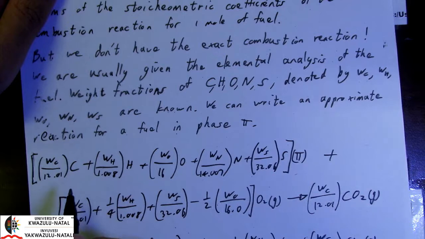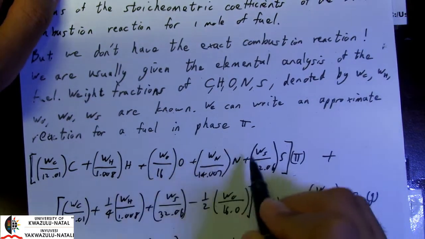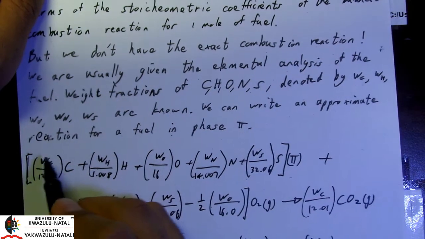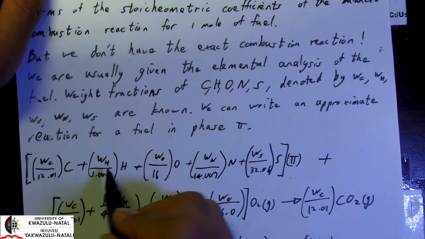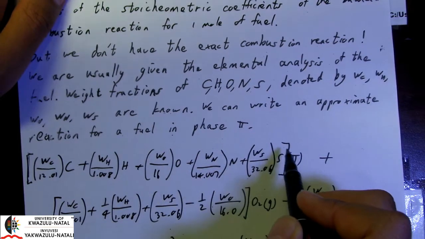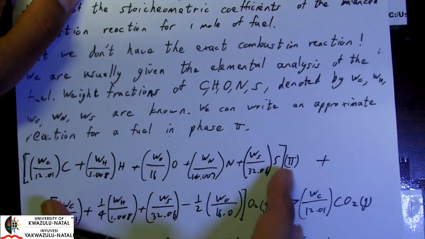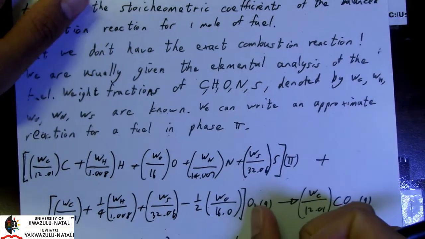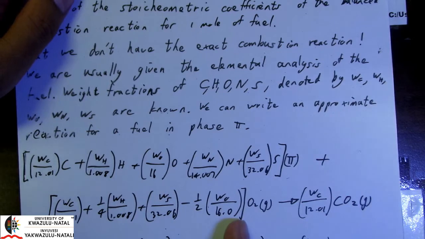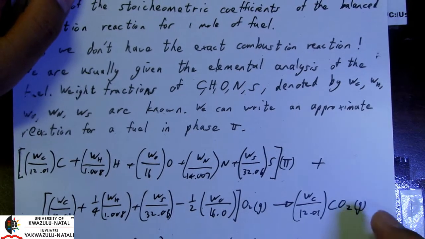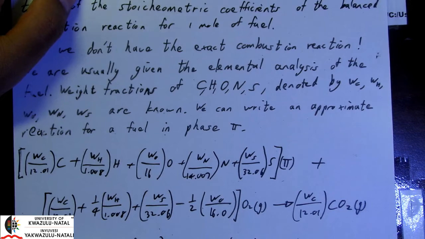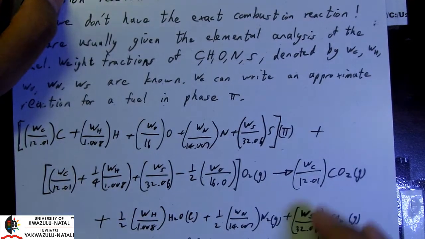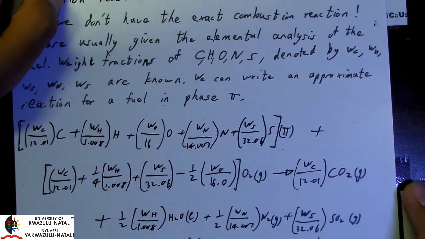For any fuel containing carbon, hydrogen, oxygen, nitrogen, and sulfur, if we measure our weight fractions from our ultimate analysis, then we simply have this fuel in whatever particular phase plus our oxygen with the following stoichiometry, and that will give us CO2, H2O, nitrogen gas, and sulfur dioxide according to the following approximate stoichiometries.